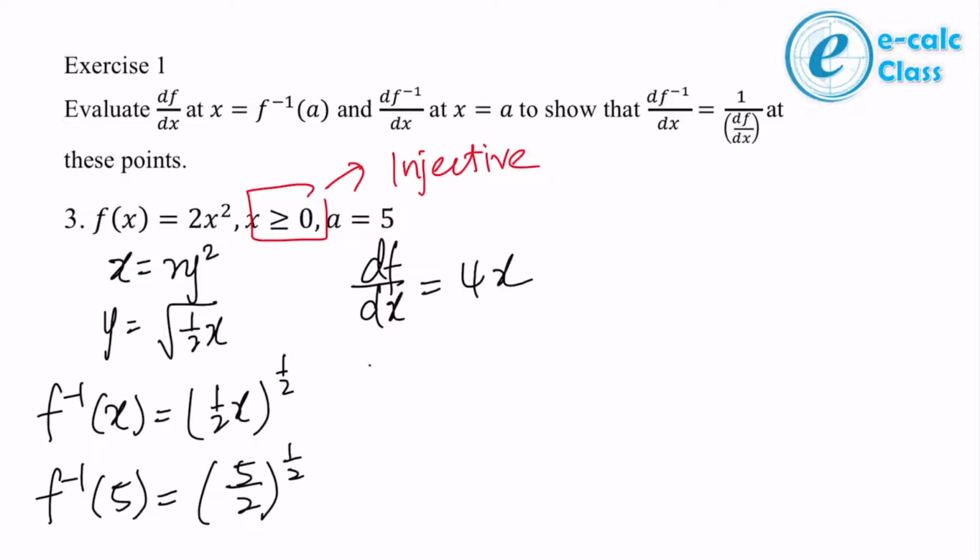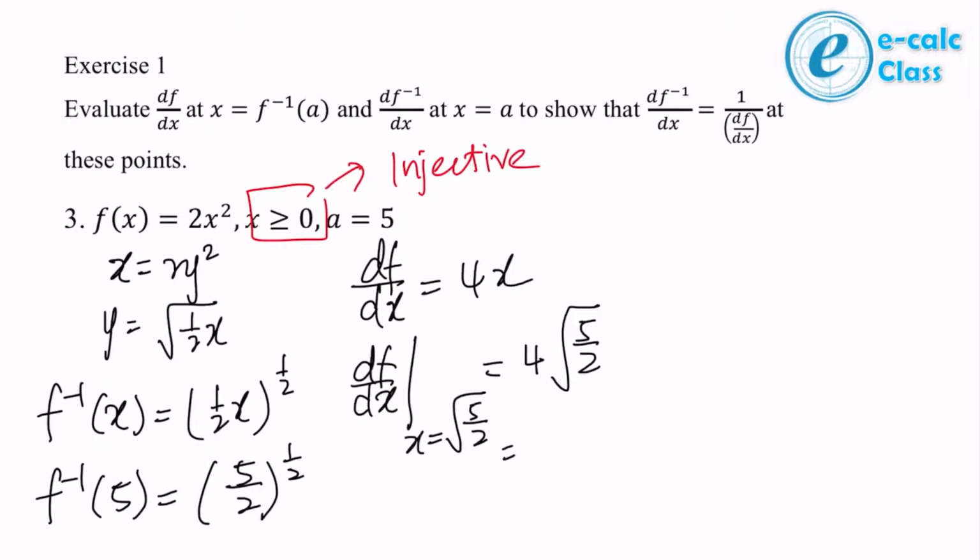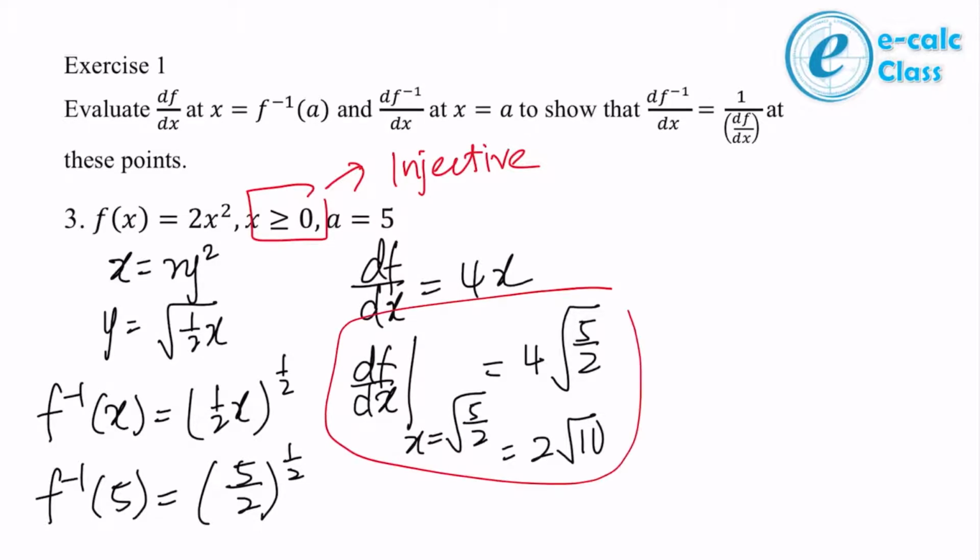Okay, so df/dx at x equals the square root of 5 over 2 is 4 times this one, 5 over 2, which is actually 2 sec 10, right? 2 sec 10. Okay, so remember this value.